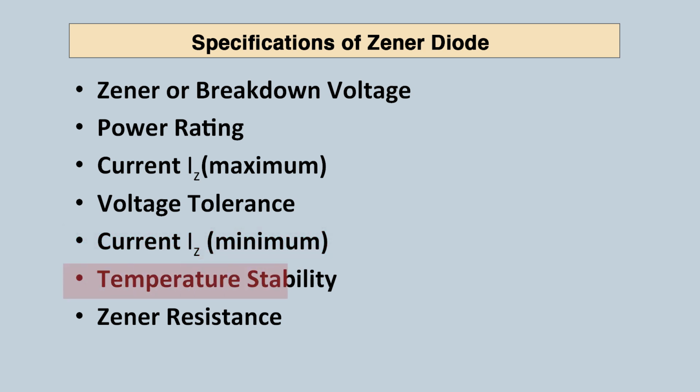Let's discuss the thermal stability of the device. It has the best stability around 5 volts. Zener resistance is represented as Rz. It is the resistance that the Zener diode shows.